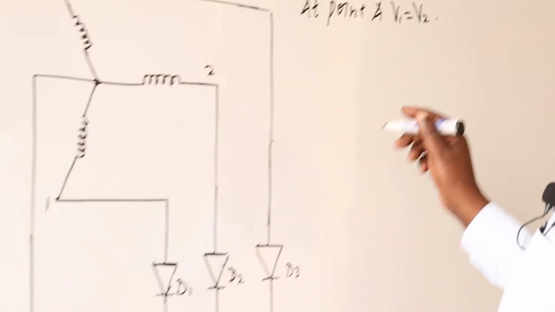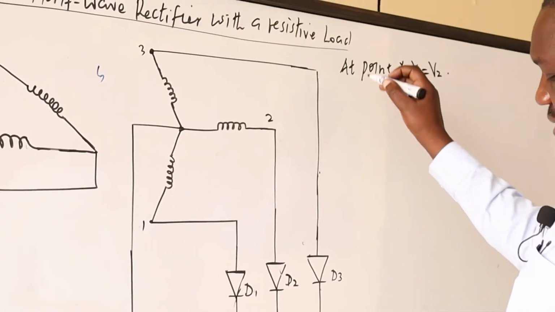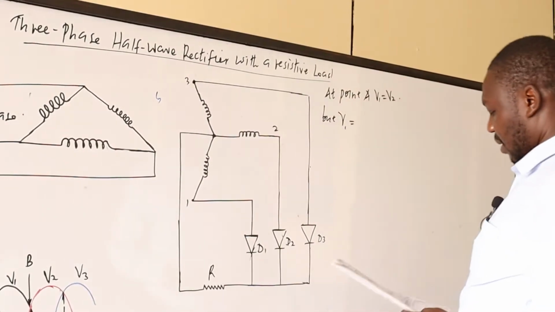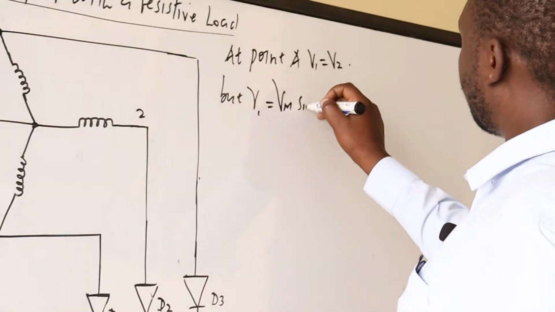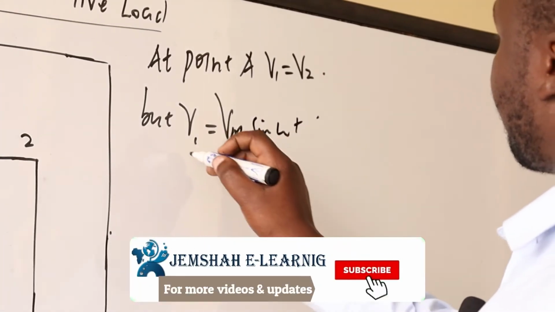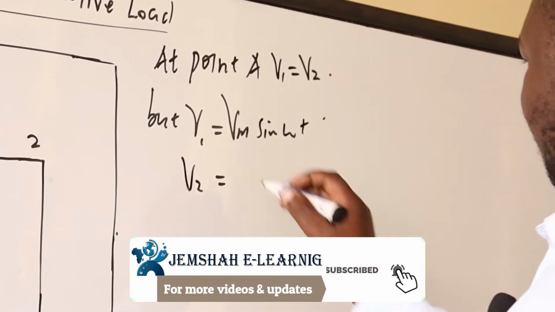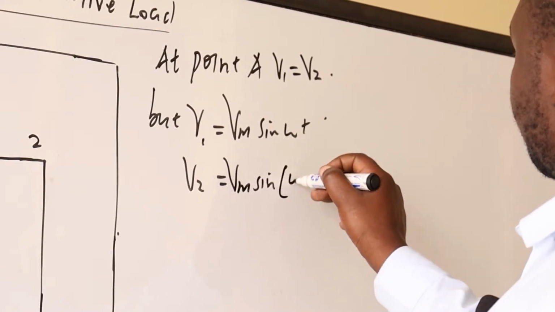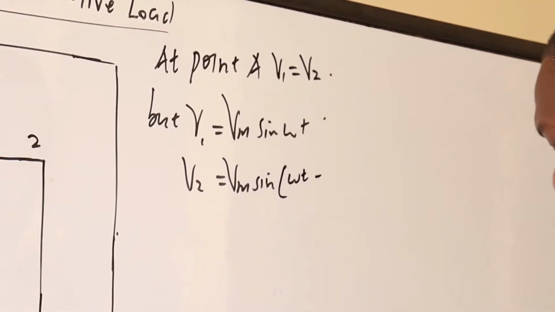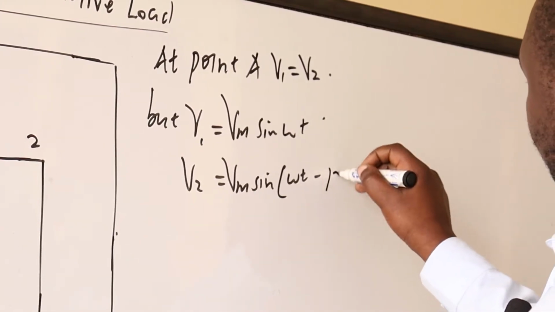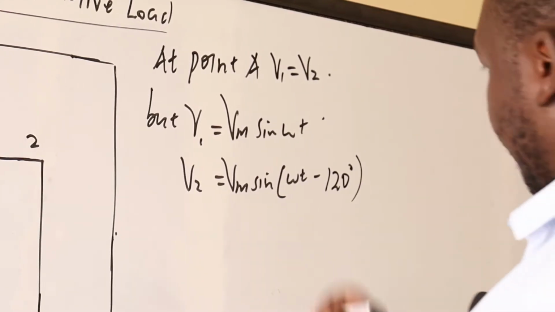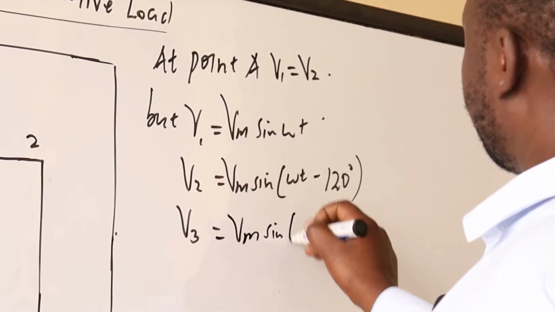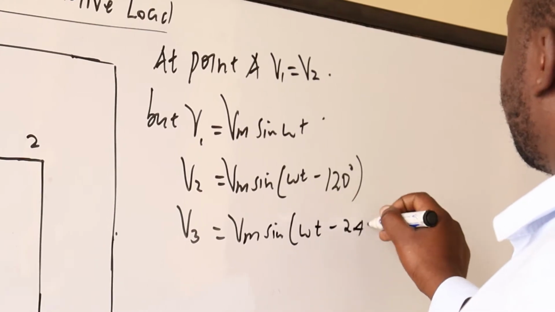And as we know that these voltages are normally 120 degrees apart, V1 is Vm sine omega t, and V2 will be Vm sine omega t minus 120 degrees, while V3 will be Vm sine omega t minus 240 degrees.